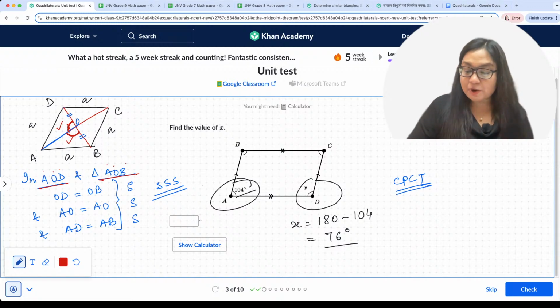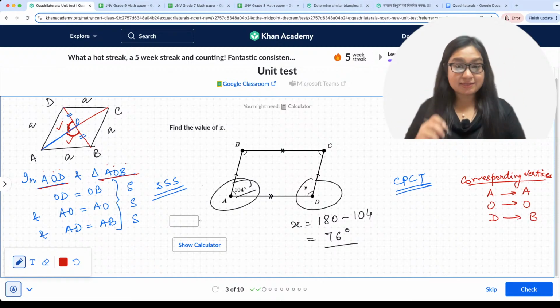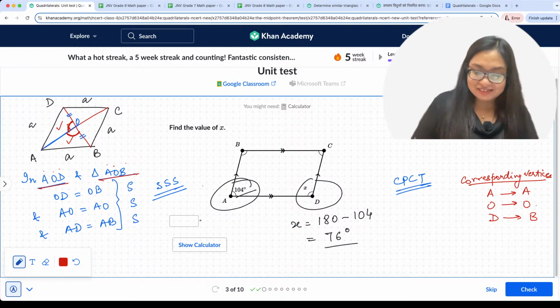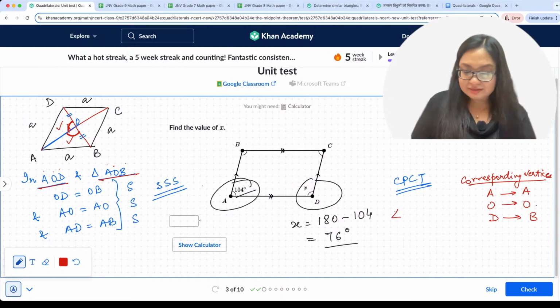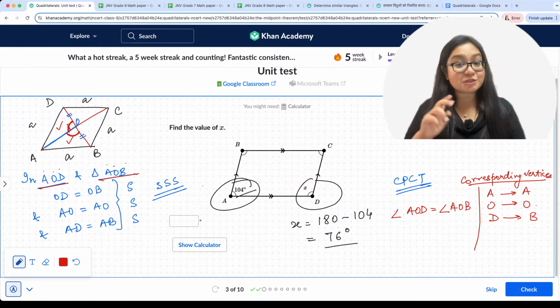And corresponding vertices से हम जाकर के corresponding angles को बड़ी आसानी से देख सकते हैं. तो क्योंकि O और O corresponding vertices हैं, I can say that angle AOD must be equal to angle AOB, right? These two are corresponding angles now.